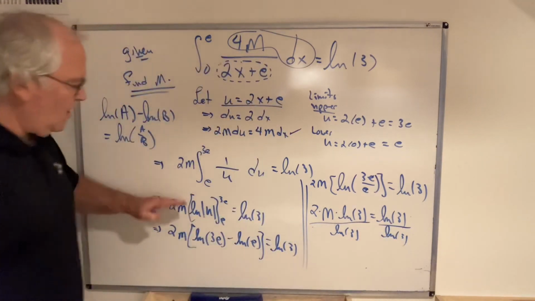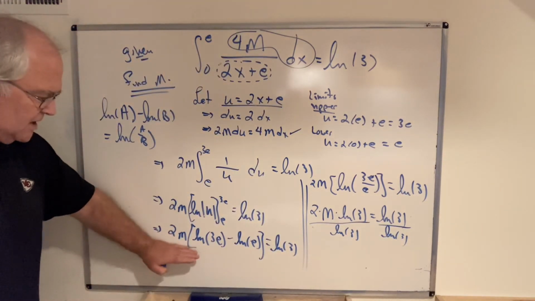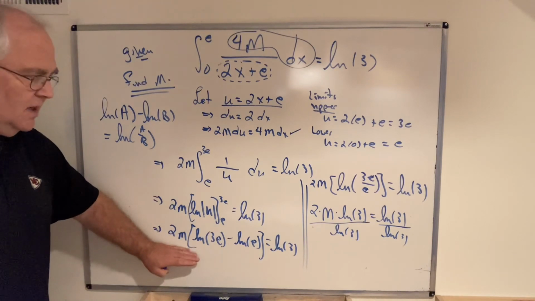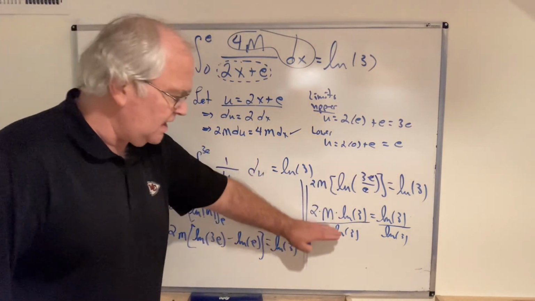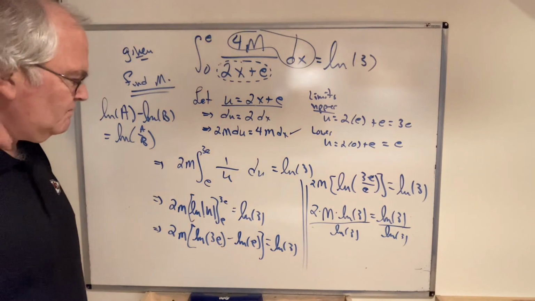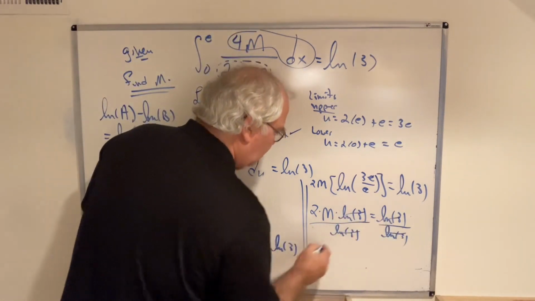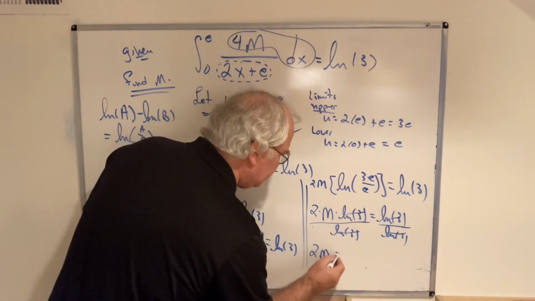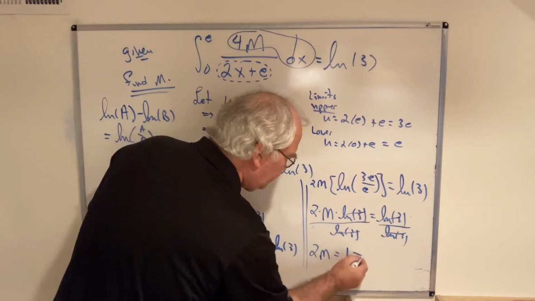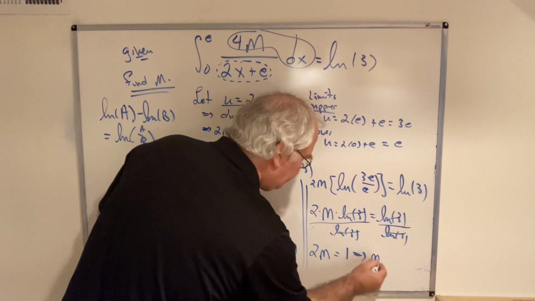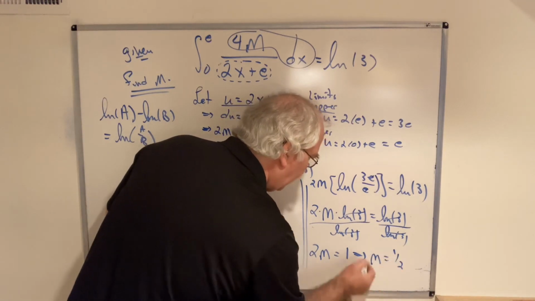By the way, the calculus is now over. As soon as you find this expression, the calculus is over. This is now remembering your glory days from back in algebra somewhere. The natural log of 3's cancel, so we're left with 2 times m equal to 1, which implies that m is 1/2.